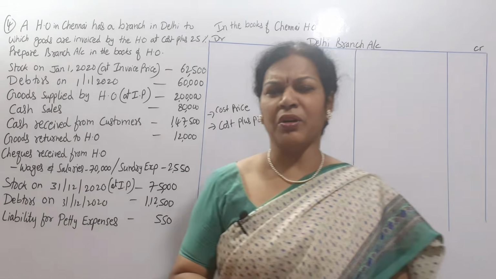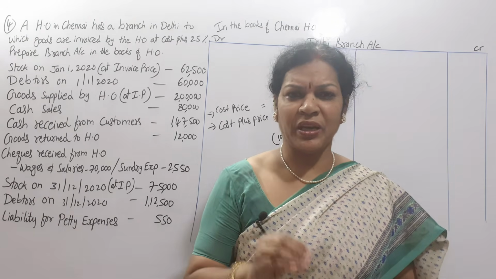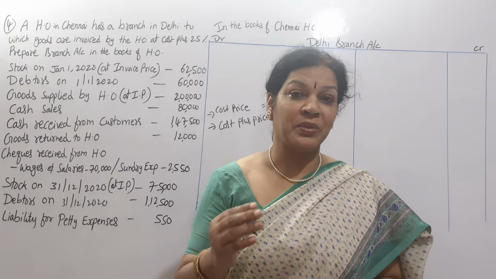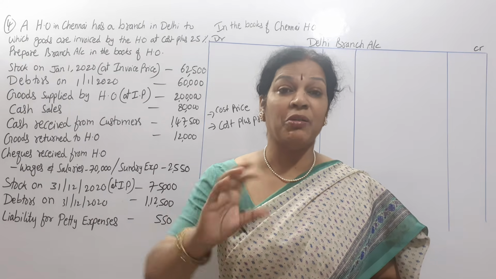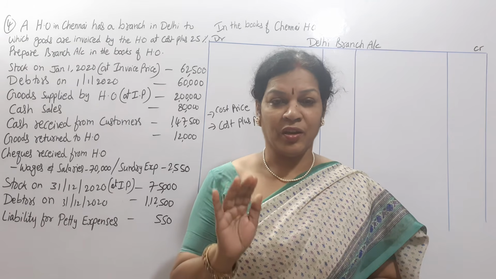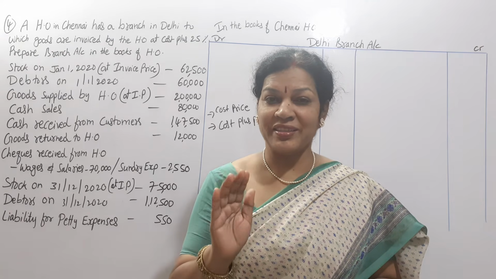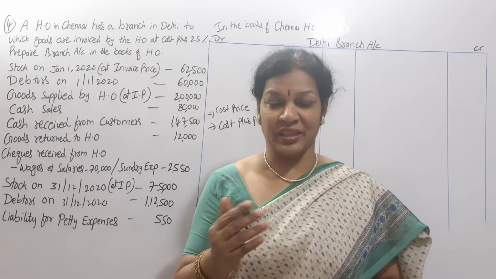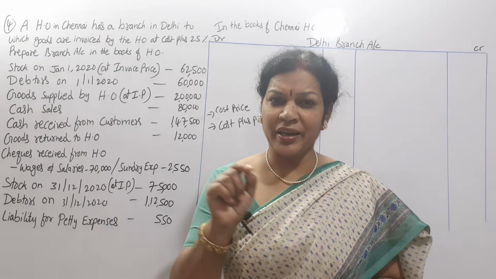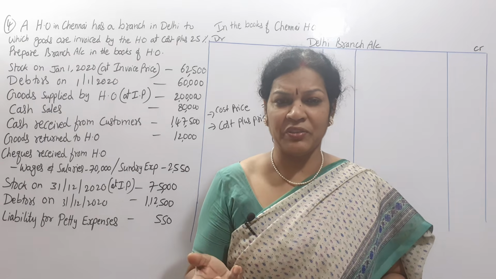By the way, do you know what is invoice price? As we have discussed in consignment accounts, invoice price means some amount which is added to the original price. Head office does not want to reveal the exact cost of the goods sent or stock. So that is why they will be adding something, 20%, 25%.